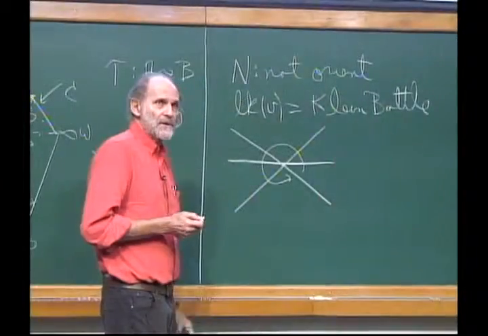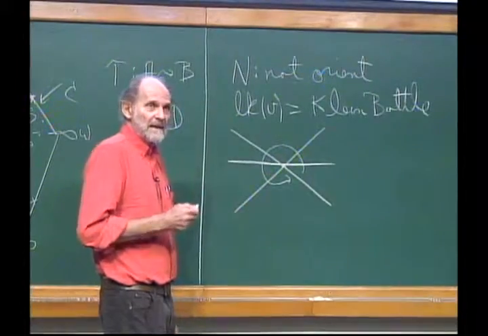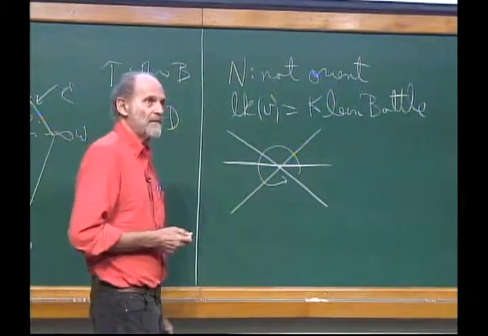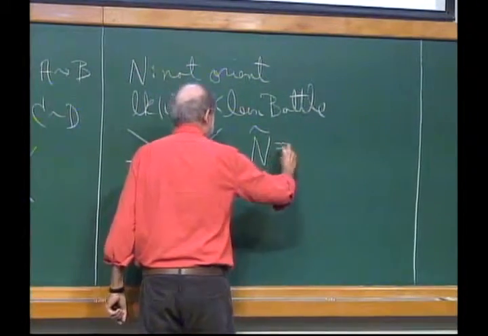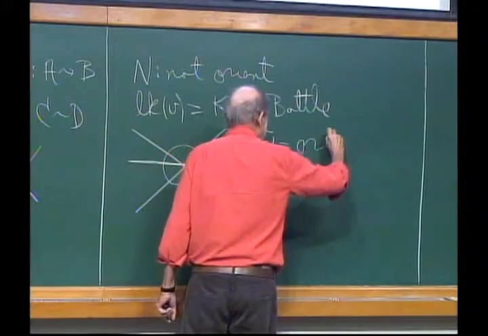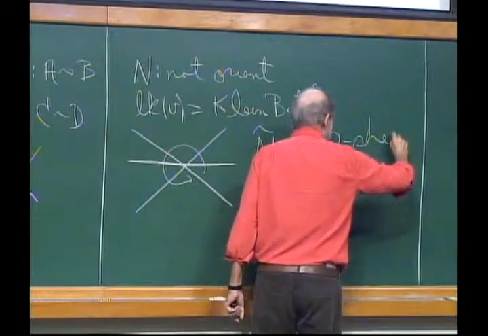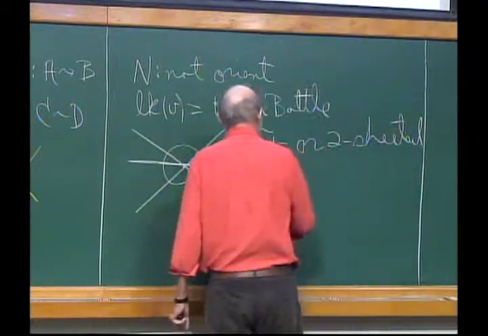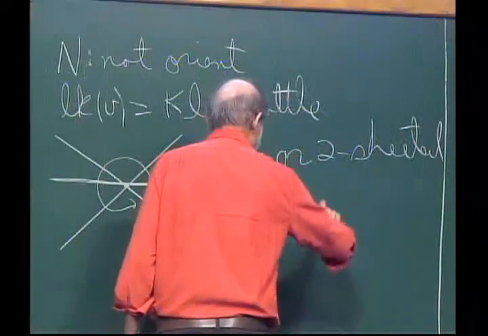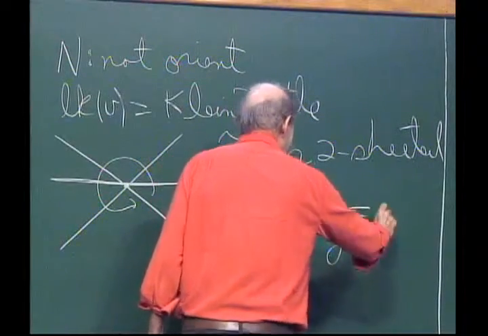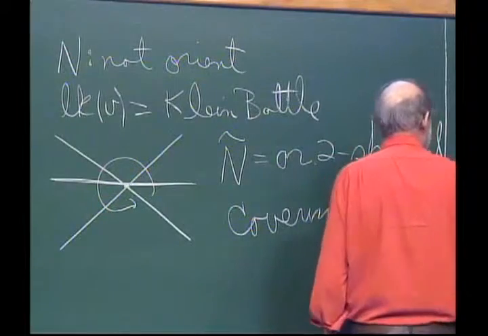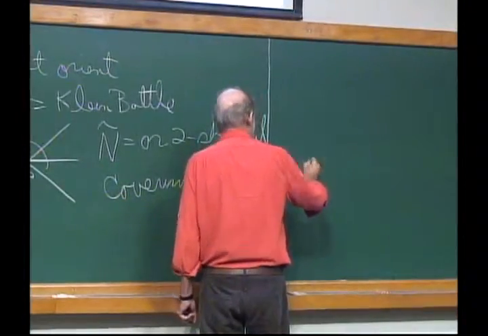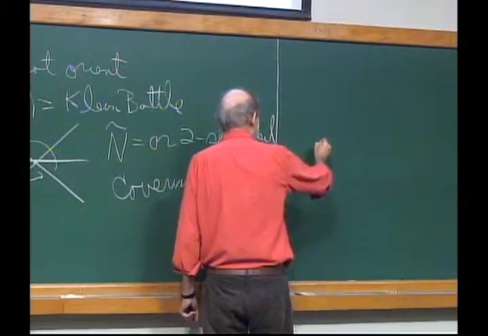One of the chapters in Thurston's book on this subject concerns the two-sheeted orientable covering of this manifold. This is chapter 5 of his book. And this is the three-sphere minus the figure 8. So, can I draw a figure 8?